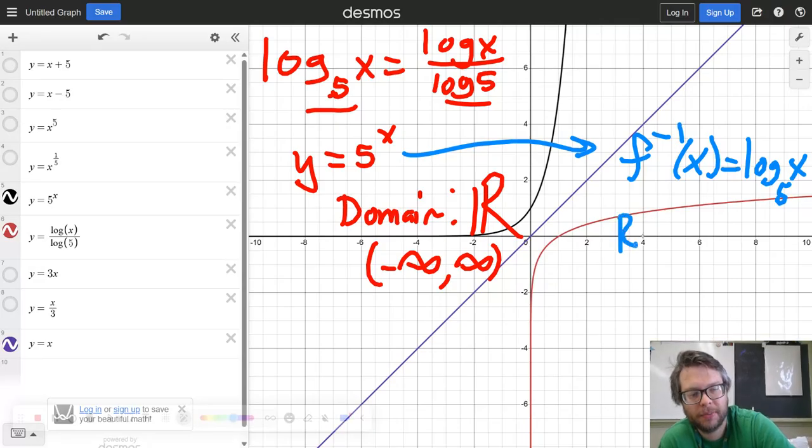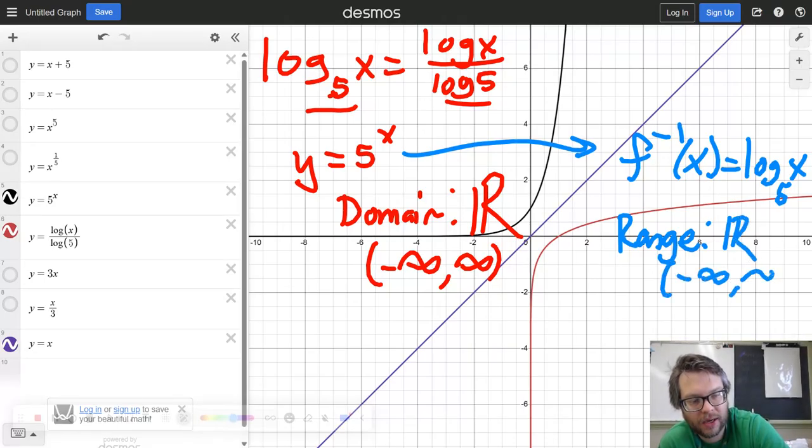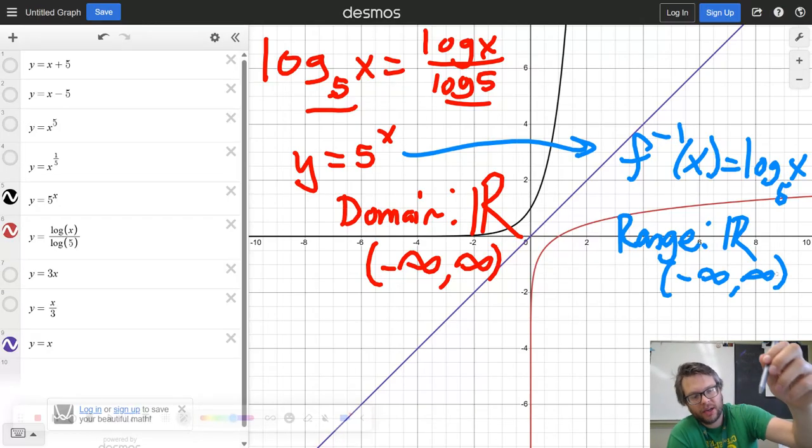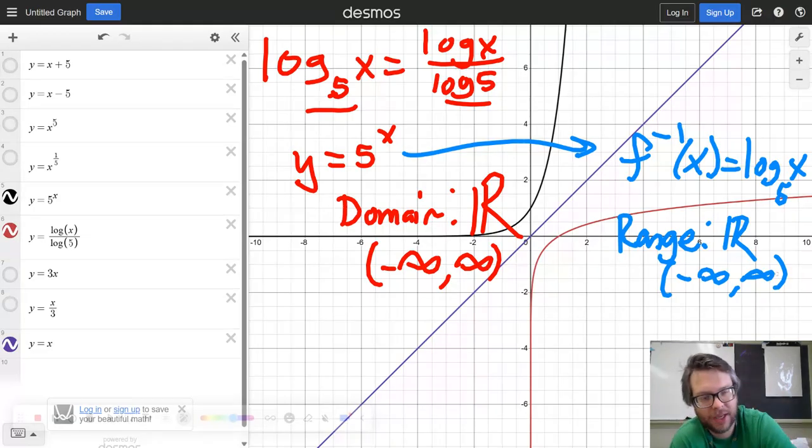So instead of talking about the domain, I'm talking about the range. What this means is that the range of a logarithm is everything. And you can see that on the log graph. It never stops going down, it never stops going up. Its range is infinite in both directions.